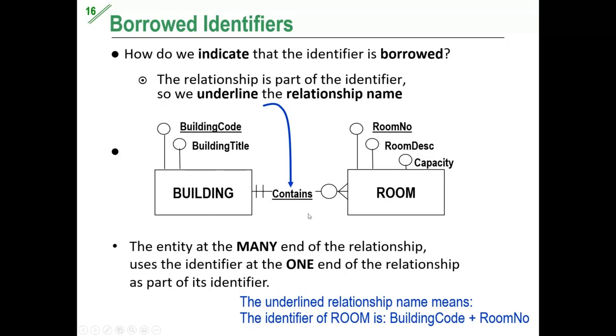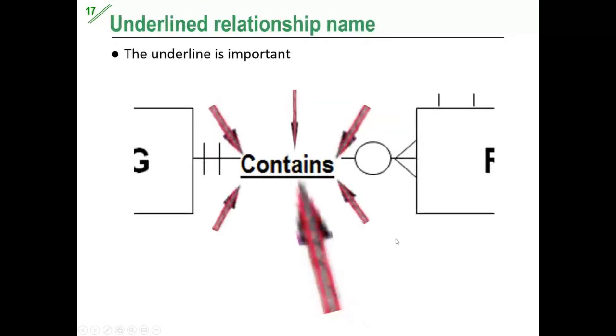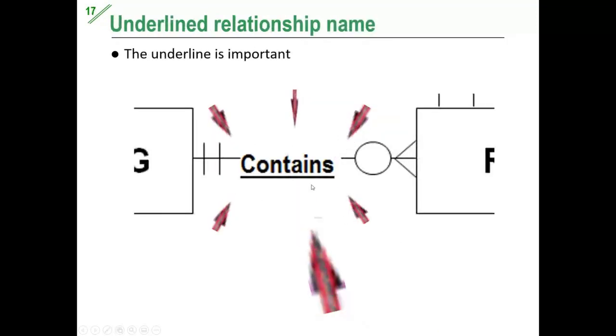In this case it is part, so we borrow the rest of the part from the other entity, and we underline that. So always, as a rule of thumb, the many end borrows the identifier from the other end, not the one end. Remember this, always.